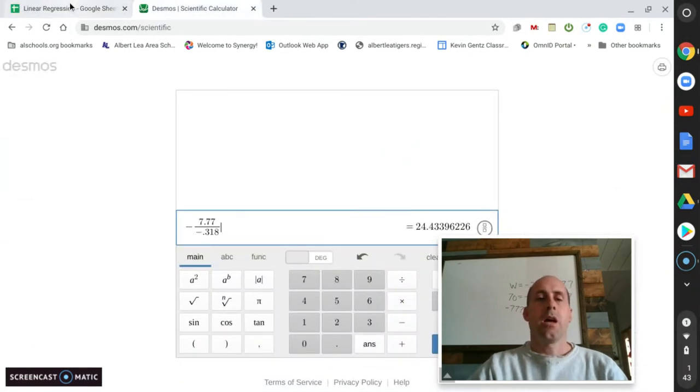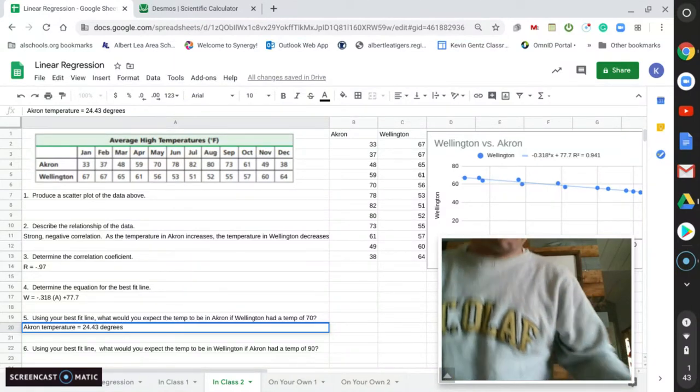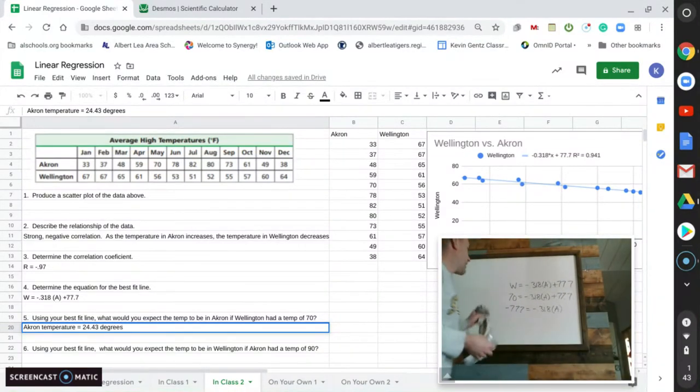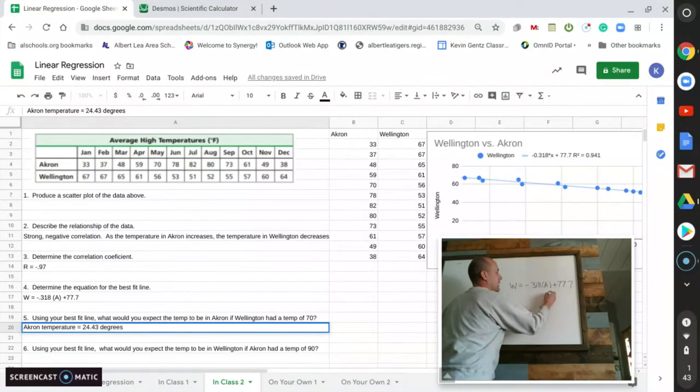Yep. And then the last question is, use your best fit line. What would you expect the temperature to be in Wellington if Akron had a temp of 90? So we're going to change it so Akron has a temp of 90, so we're going to put the 90 in here. So Wellington is equal to negative 0.318 times 90 plus 77.7.